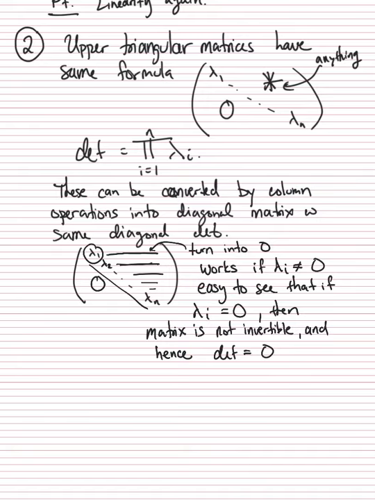Actually the same thing occurs up here. If I had one of the lambda i's being 0, then I would have a row of all zeros, if you wish, so that we know that this can't be an invertible matrix, or a column of all zeros. I mean, you're sending something to the 0 vector.